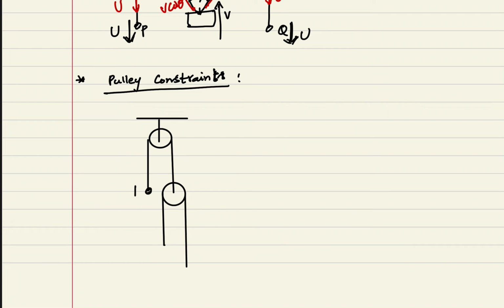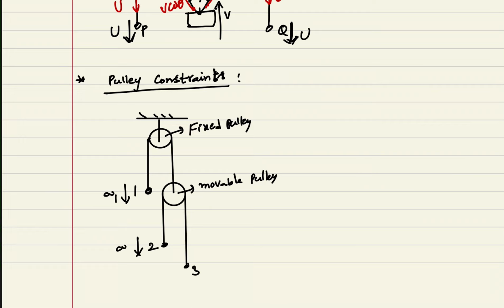Let us consider particle 1, particle 2, particle 3 are there. Now this pulley is a fixed pulley. It is a movable pulley, and we don't know which direction they are moving. Let us consider a1, a2, a3. We just need to write the relation between a1, a2, a3.